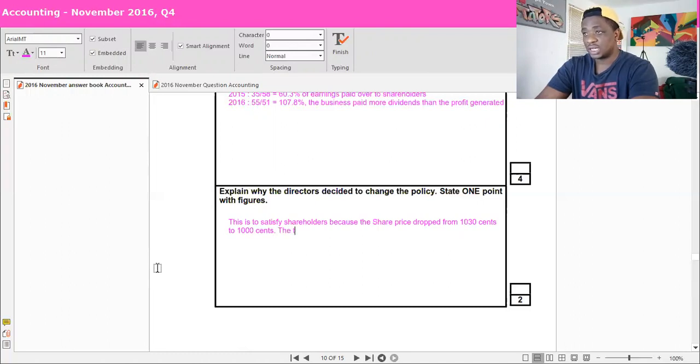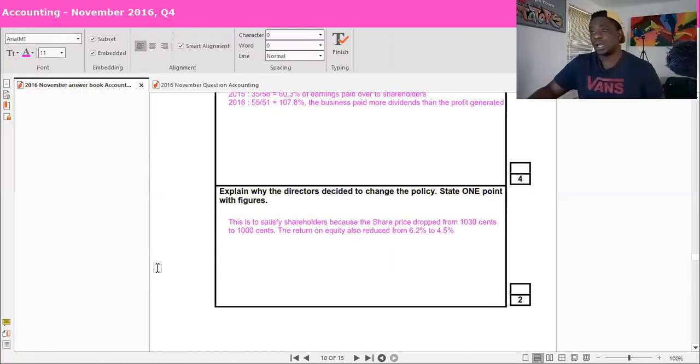The return on equity also reduced from 6.2% to 4.5%. So I think that would be the reason why they would have changed the dividend policy that they had in the first place. Cool.